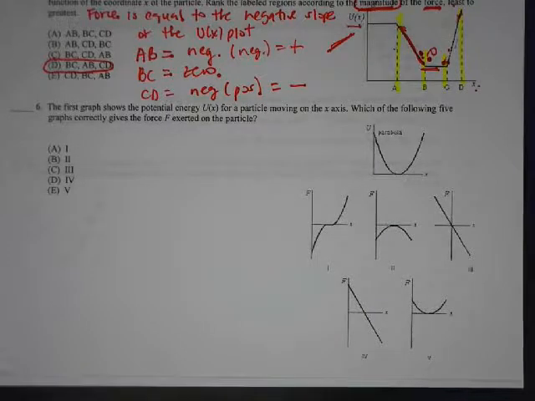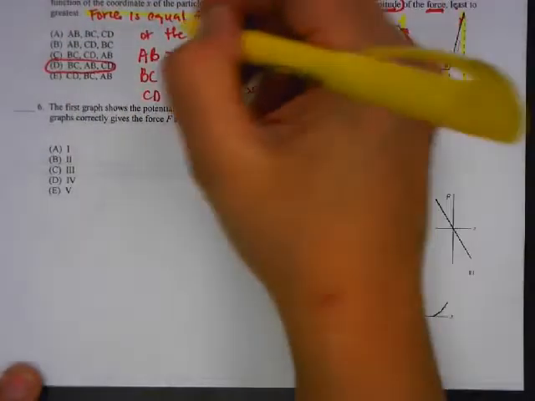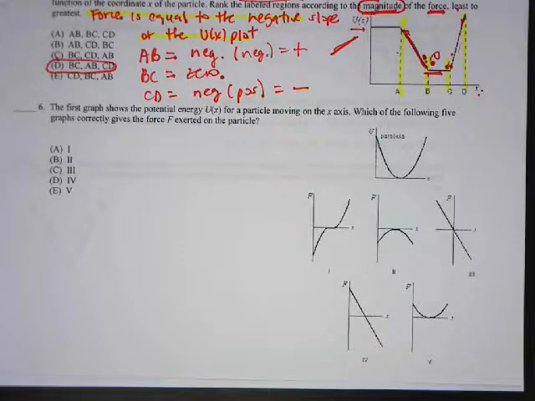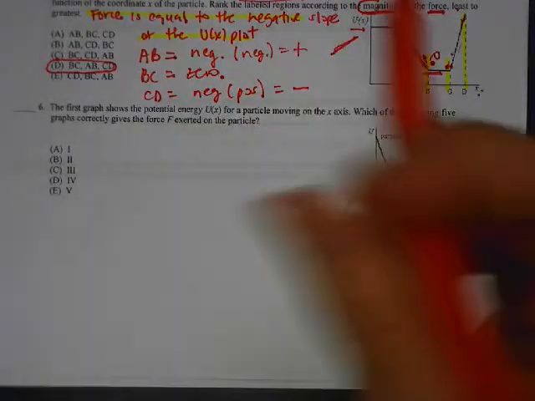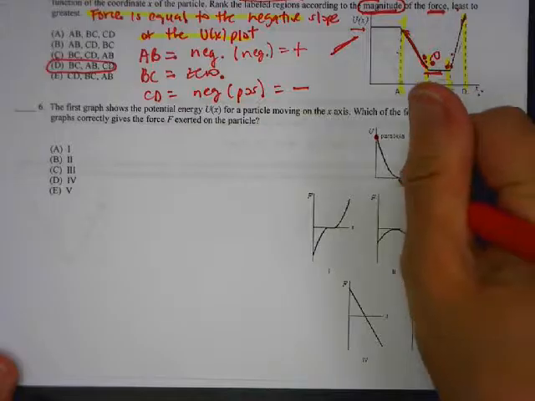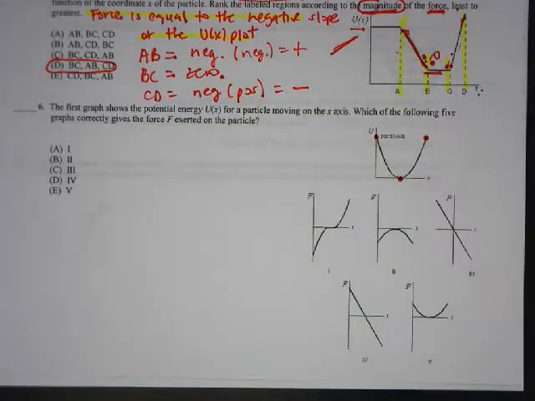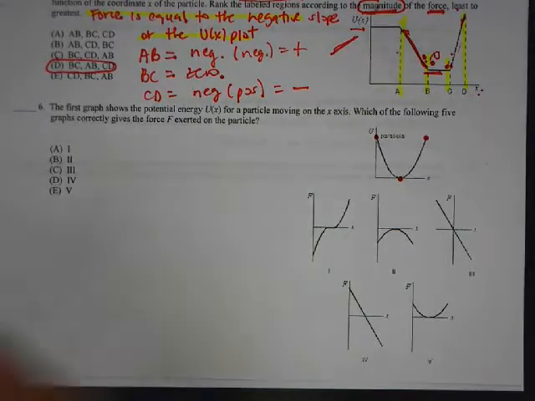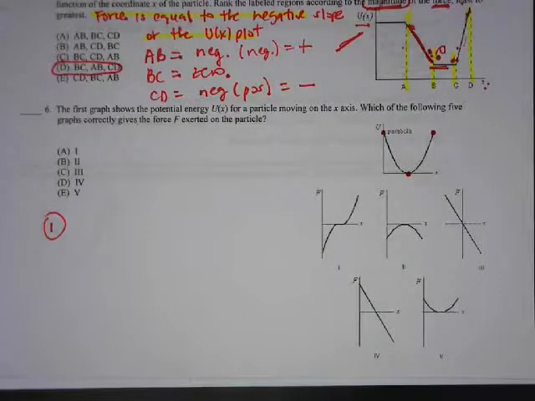So what I would do is pick, the one thing we know is that the force is equal to the negative slope. So I'm going to break it up into 3 points: point 1, point 2, and point 3. What does this question even ask?